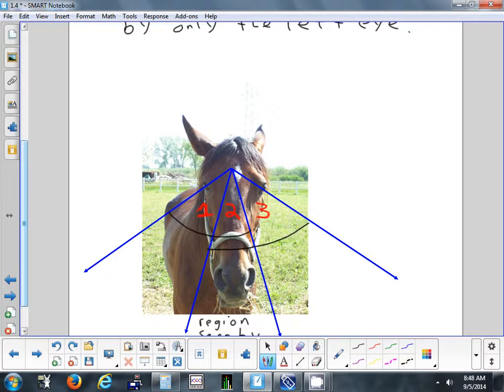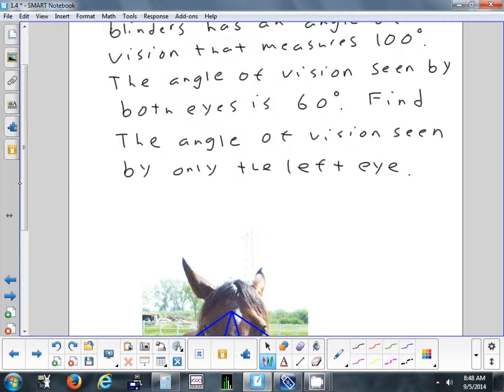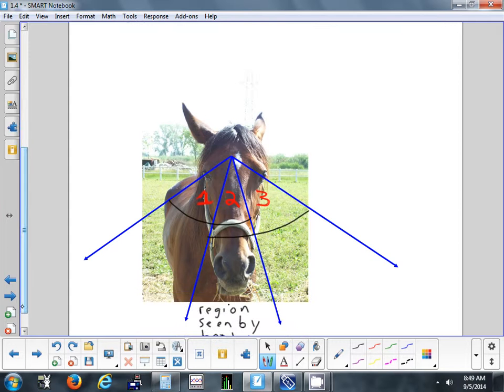Actually, I know angle 2 as well. That's 60 degrees. So you want to either find 1 or 3. I want to know how big 1 or 3 is. That's the angle that I want to find. 1 or 3. So I know 1 and 2. I know 2 and 3. And I know 2.